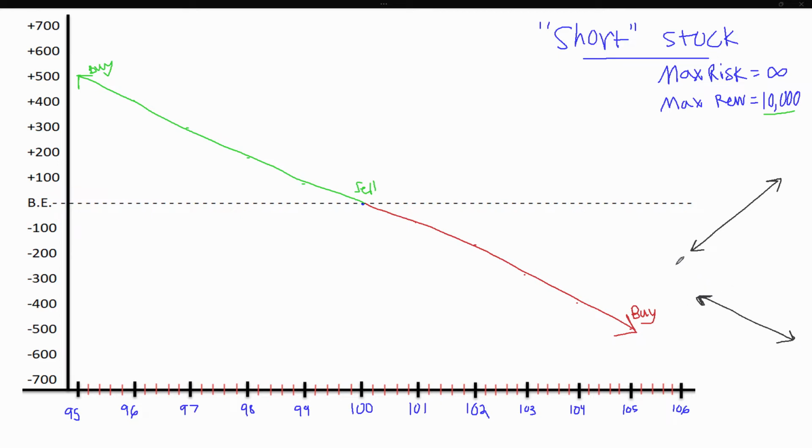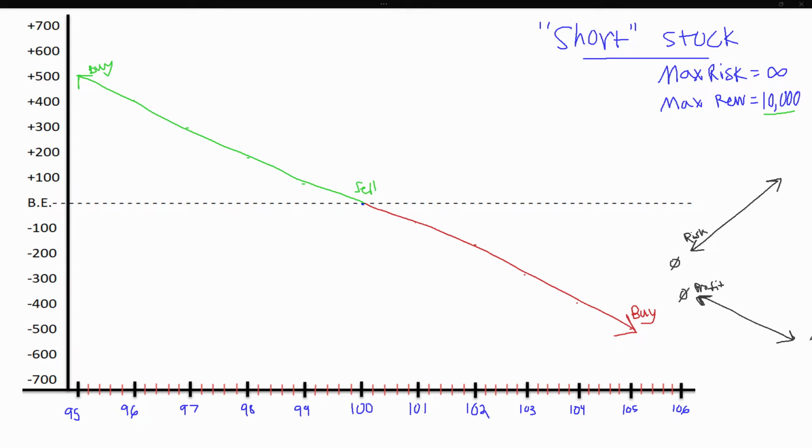Going this way, it can always hit zero. So your profit in this case on the short stock position will eventually hit its max, or your risk if you buy stock will eventually hit zero, capping. So, they're opposites in that fashion.